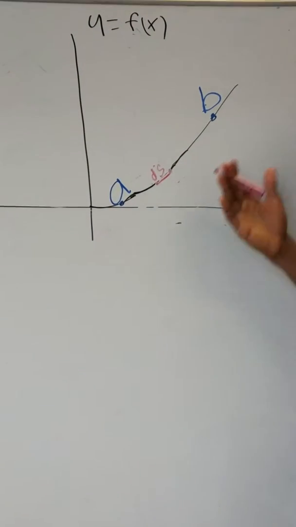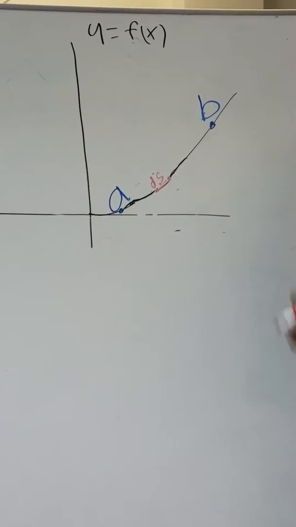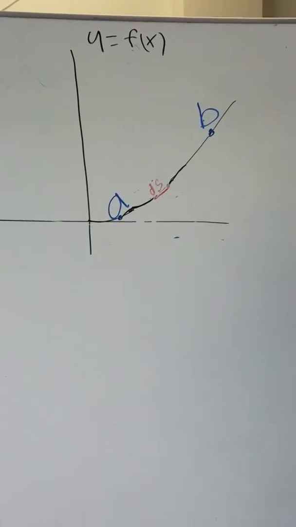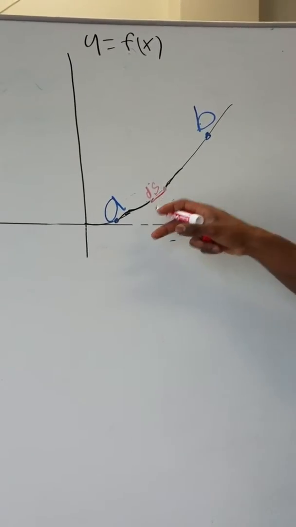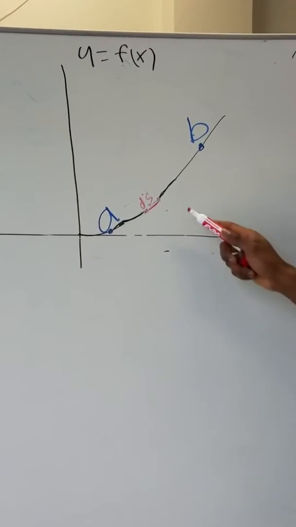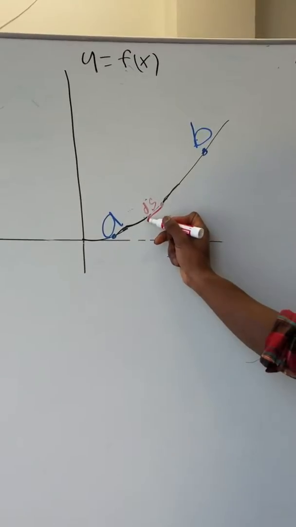And of course, it's an approximation because we're actually dealing with a curve, but we're treating this as a line. So this is similar to how in the Riemann sums, we approximate the area of a rectangle.